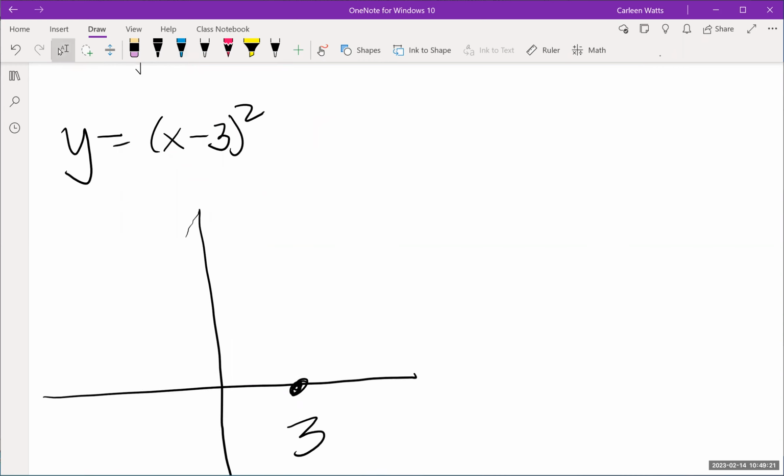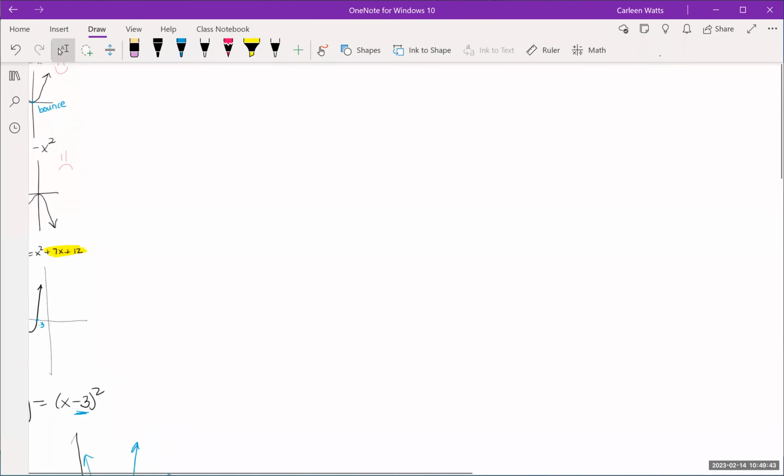It has an exponent of 2. It only has 1 x-intercept at positive 3. It has a bounce. Notice positive 3 is the only x-intercept. Okay. You're almost back to the packet.